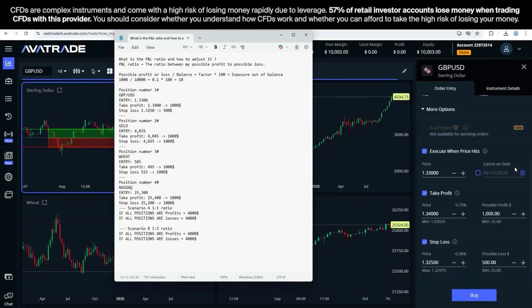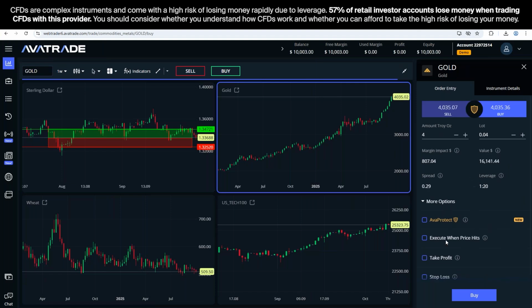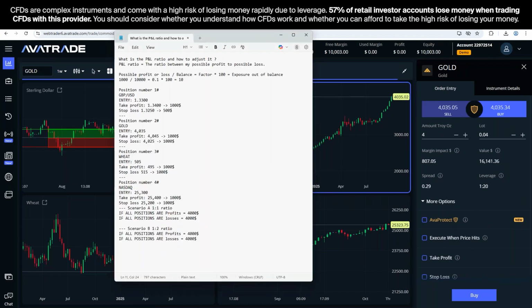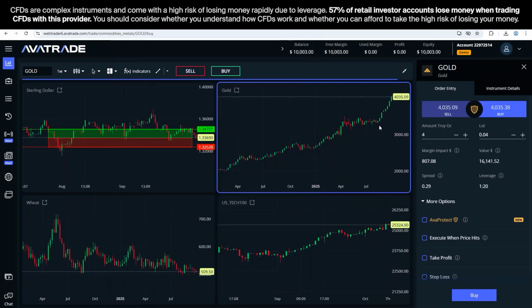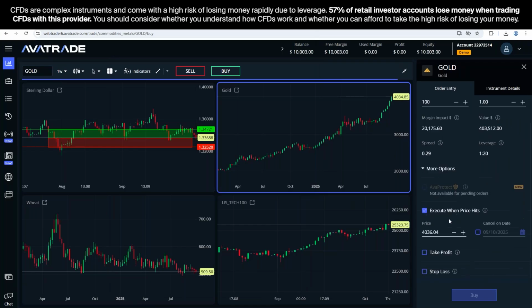Now, we're going to use the same exercise to adjust our gold position as well. We're going to click here on gold, click here on buy. And just a second, yeah. And in here, we had one lot as well. Our entry, we're going to take it, place it right here.